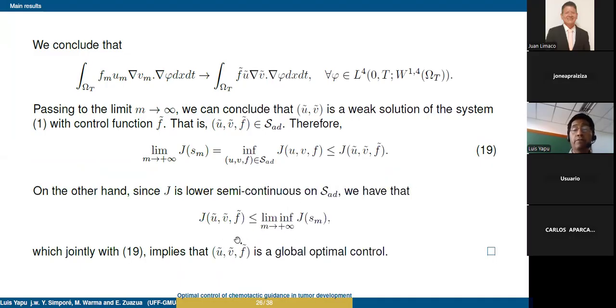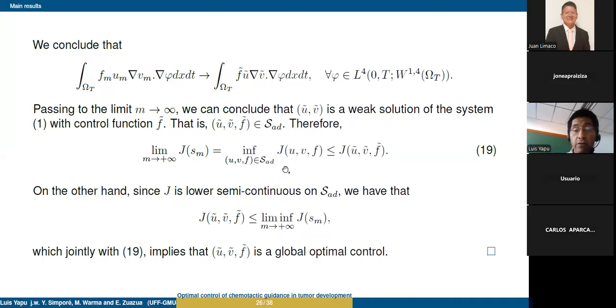On the other hand, since the functional is lower semi-continuous, we get the inequality in the other sense. And this implies that u tilde, v tilde, and f tilde is a global optimum, equal to the infimum. So this shows the existence of the optimal controls.